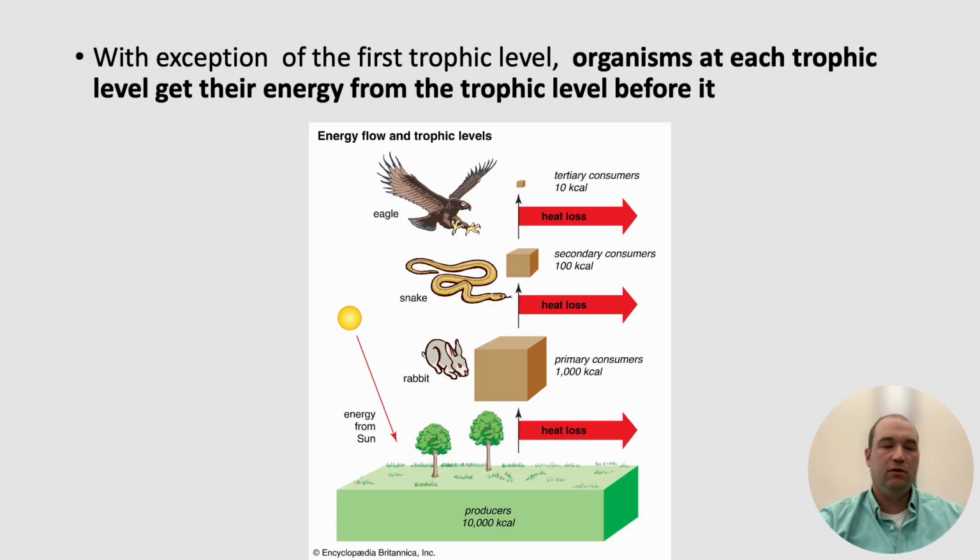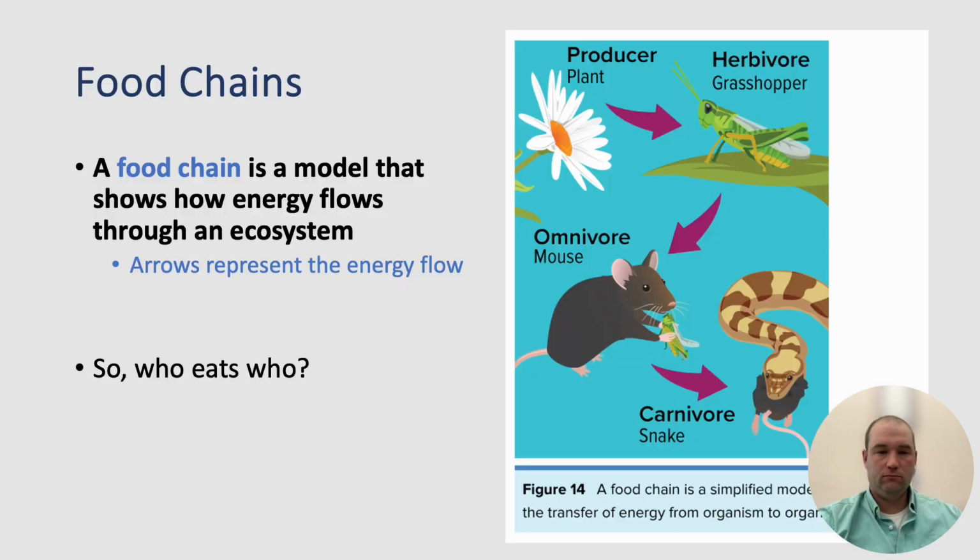So with the exception of the first trophic level, which is our producers, organisms at each trophic level get their energy from the trophic level before it. So in this case, the rabbit gets its energy from the plants. The snake gets its energy from the rabbit, and the eagle gets its energy from the snake.